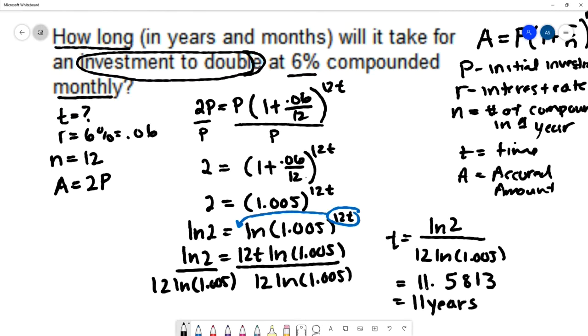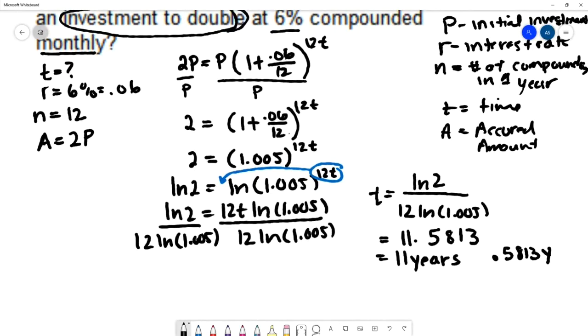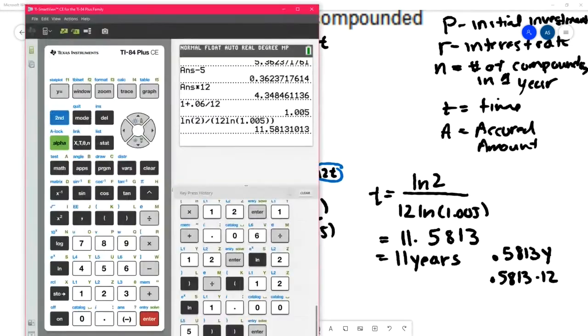And we need to convert this 0.5813, this is in years, and we need to convert it to months. And we convert it to months by multiplying by 12, because there are 12 months in a year. So 0.5813 times 12. I can do this in my calculator as well.